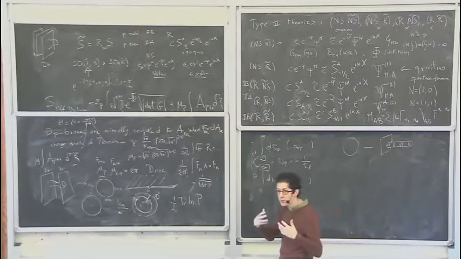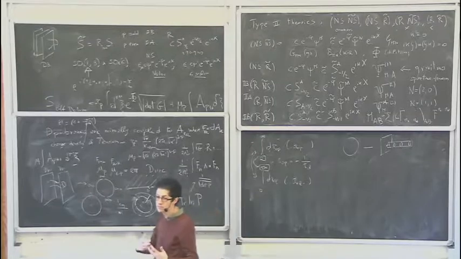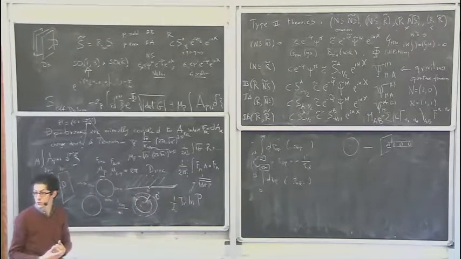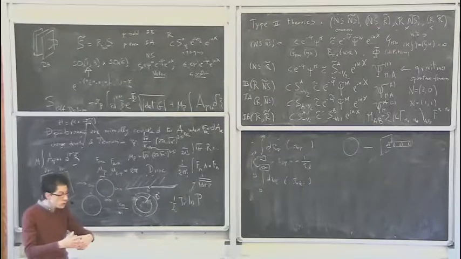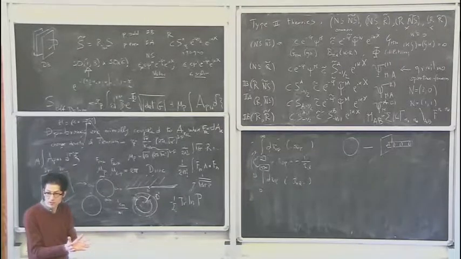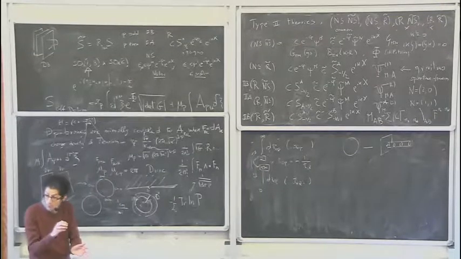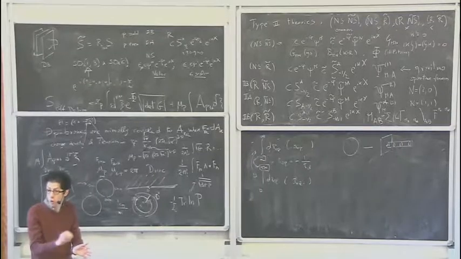So when people say string theory is free of UV divergences, this is one of the mechanisms you have. Something looks like a UV divergence, but when you go to the right variable, you see it's nothing else than the propagation of an almost on-shell state for a long time.